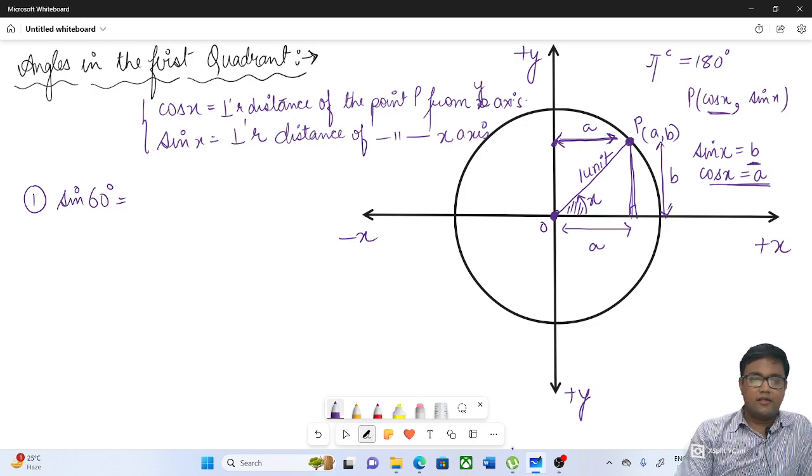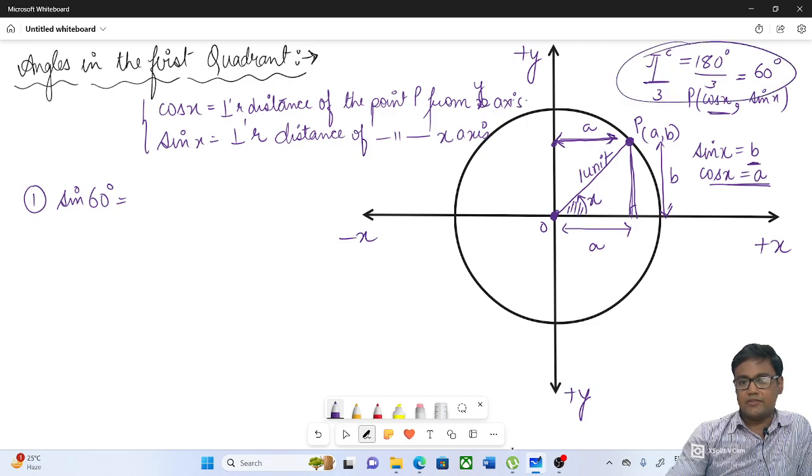We know 60 degrees is lying in the first quadrant, and we can convert 60 degrees into radians as well. 180 by 3, that is pi by 3, is 60 degrees, right? You can see on the right what I have done to get 60 degrees. I have divided pi radians by 3 to get 60 degrees.